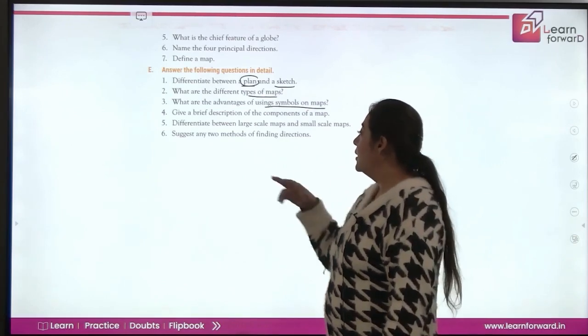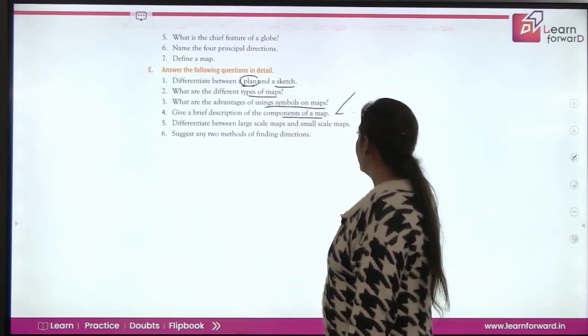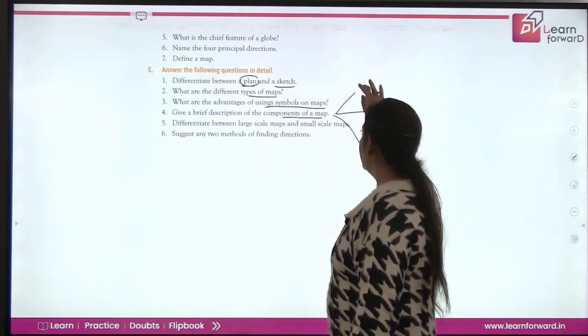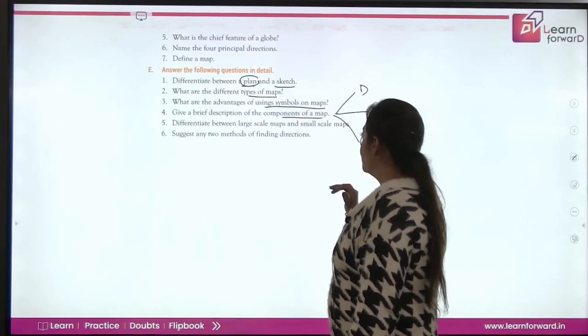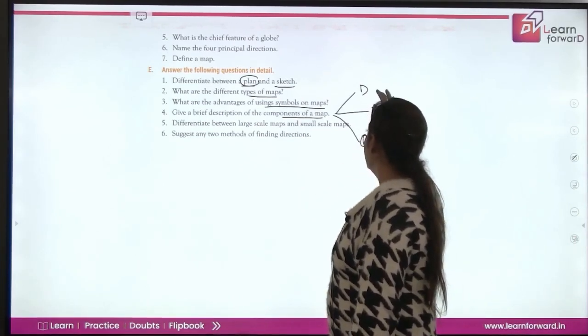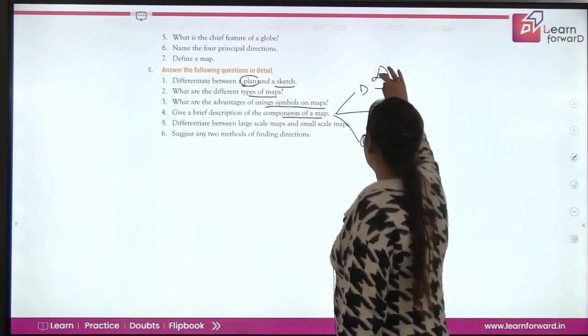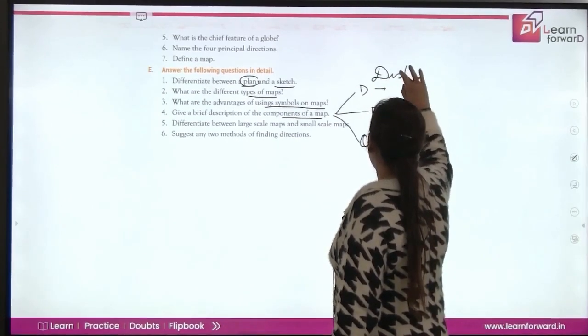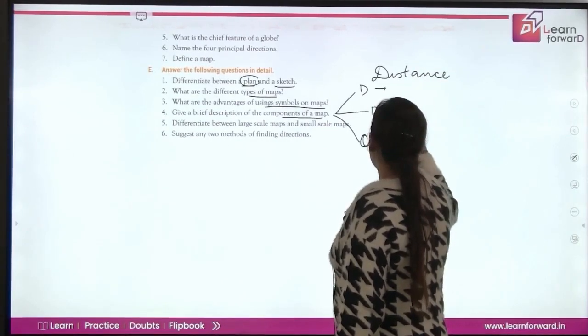Give a brief description of the components of a map. If we talk of the components of a map, I told you these three things. What was it? DDC: distance, direction and conventional signs and symbols. We use the direction, we have to find the distance. तो distance कैसे निकाला था हमने? Distance कैसे निकाला था? By using scale, representative fraction. Then is direction.